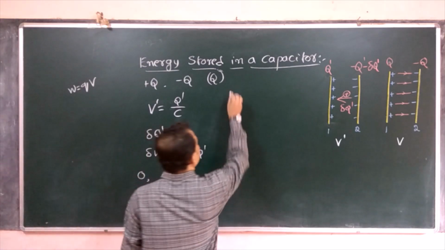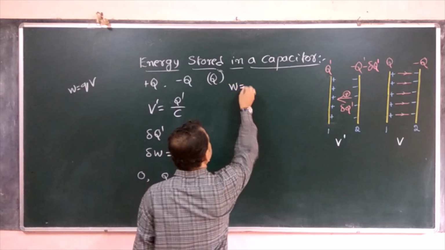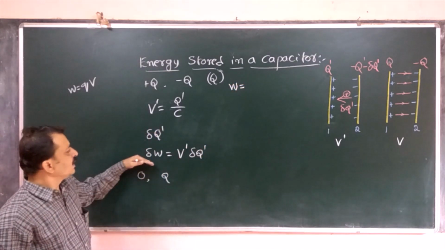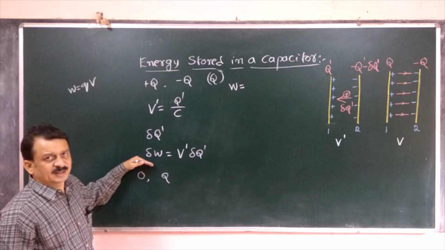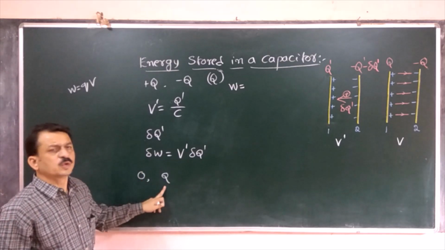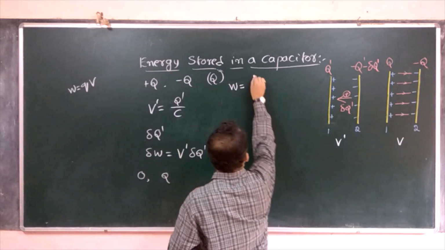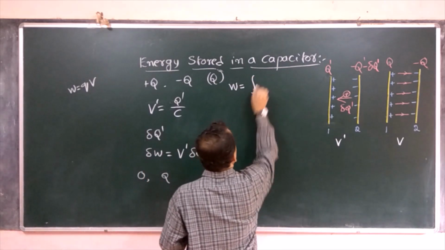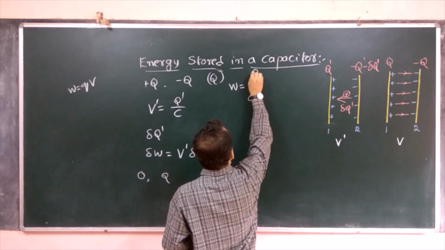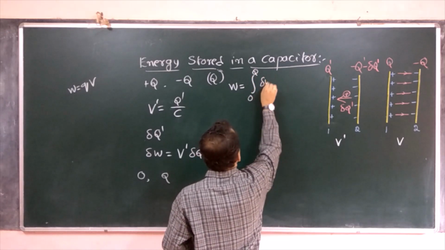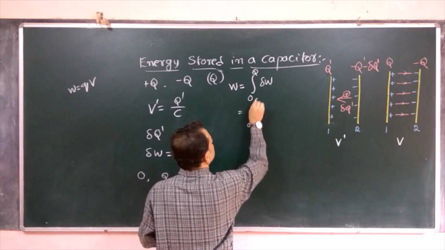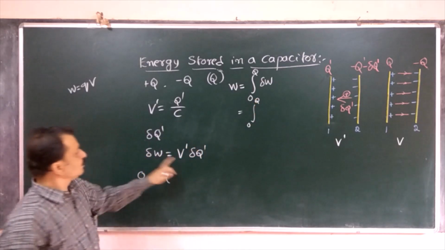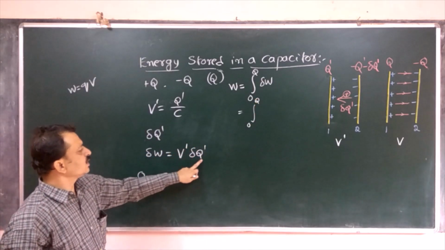Therefore, the total work done is obtained by integrating this small amount of work done from 0 to Q. Therefore, the integral from 0 to capital Q of delta W is equal to the integral from 0 to capital Q of V dash delta Q dash.